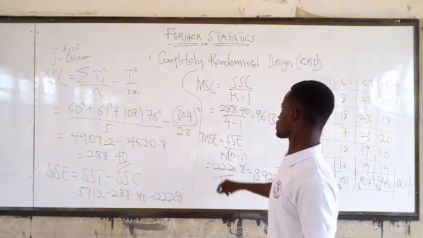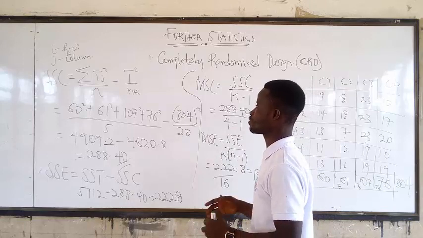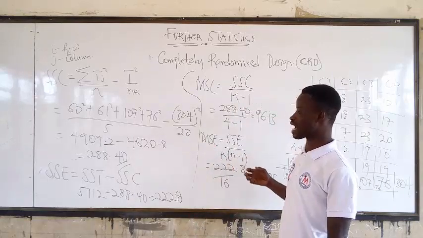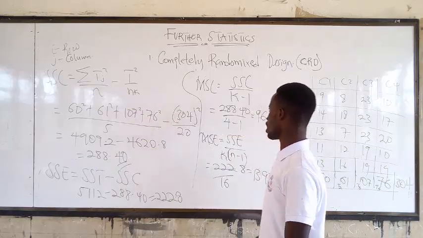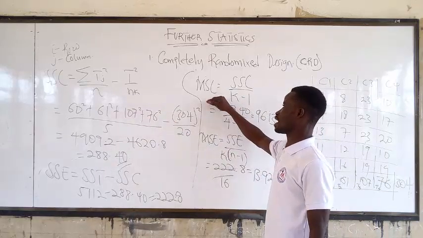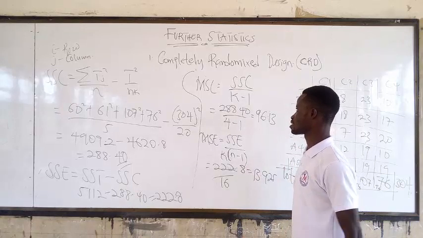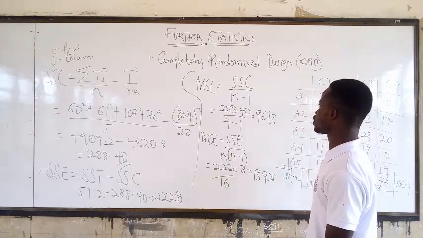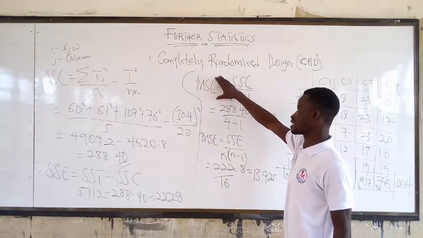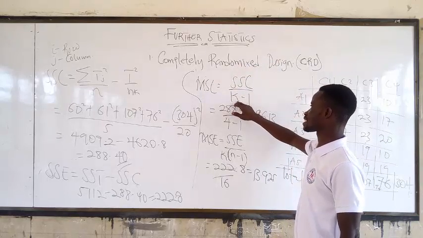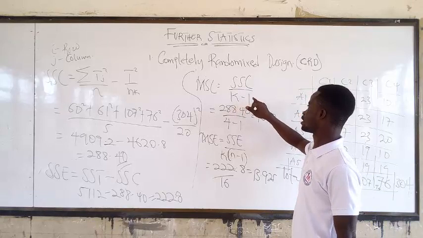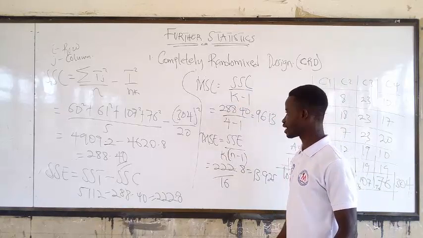Okay. So now, we are done with that. We have sum of square total, sum of square error, and sum of square C. Alright, so let's come to the mean square C. The mean square C means SSC over K minus 1.